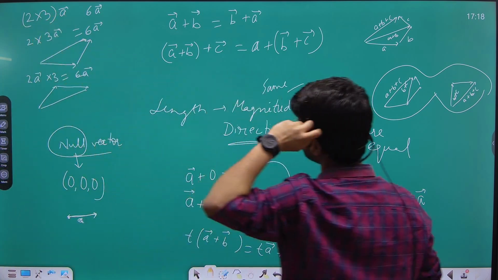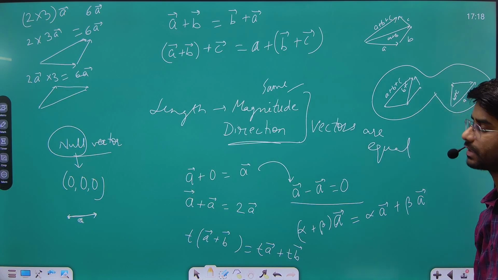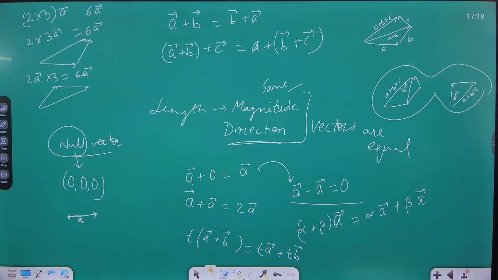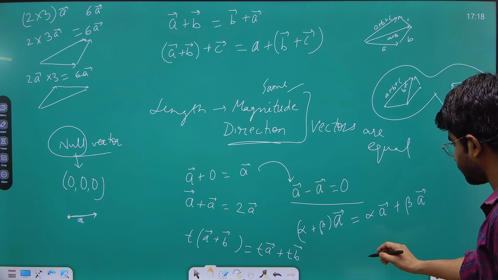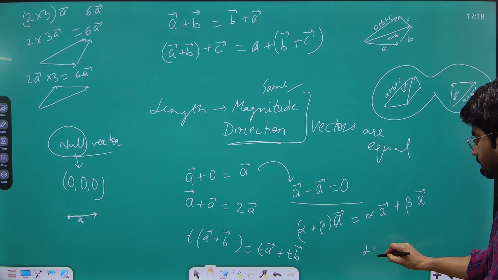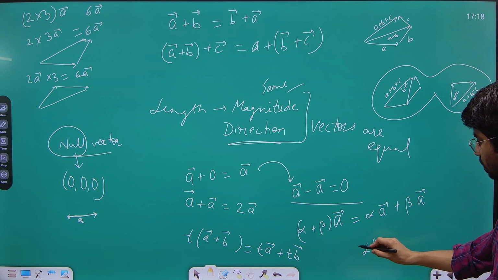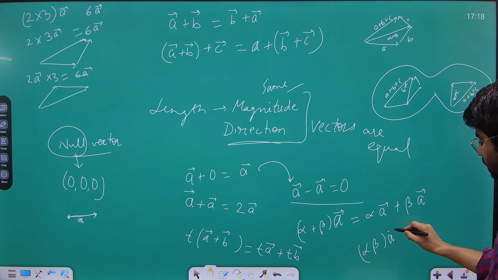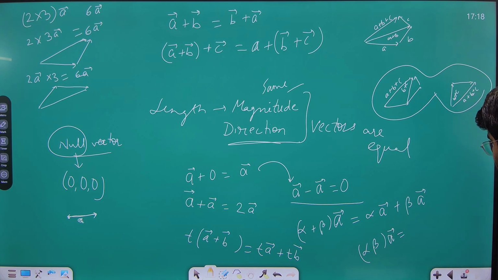In all these three cases, you will end up with the same result. That means if you have a scalar alpha and another scalar beta, then alpha beta times vector A can be represented as alpha times beta A bar, or you can also write beta times alpha A bar.